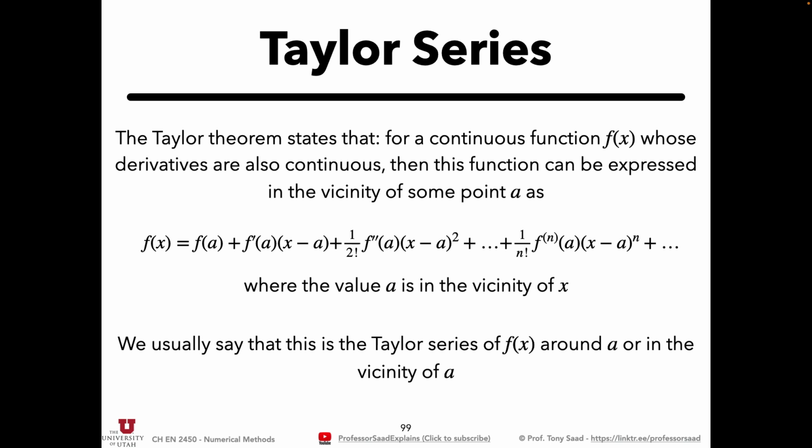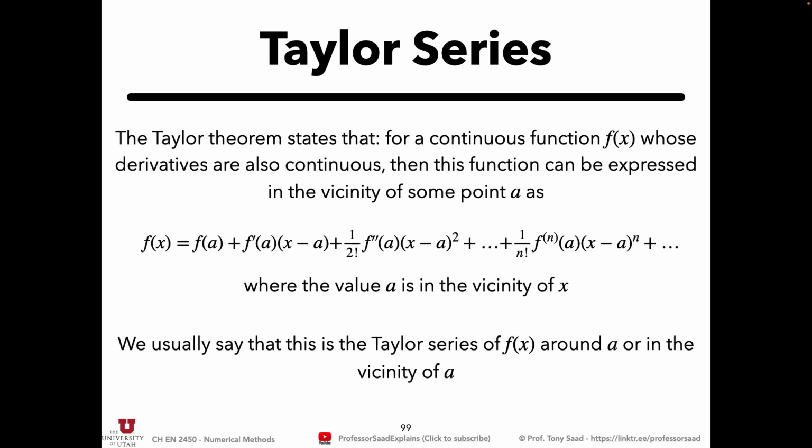When the derivatives are also continuous, then you can say that this function at any point x in the vicinity of some number a, and I'll define the formula and then I'll explain what it means. Then you can express that function at that point x in terms of everything known about a.